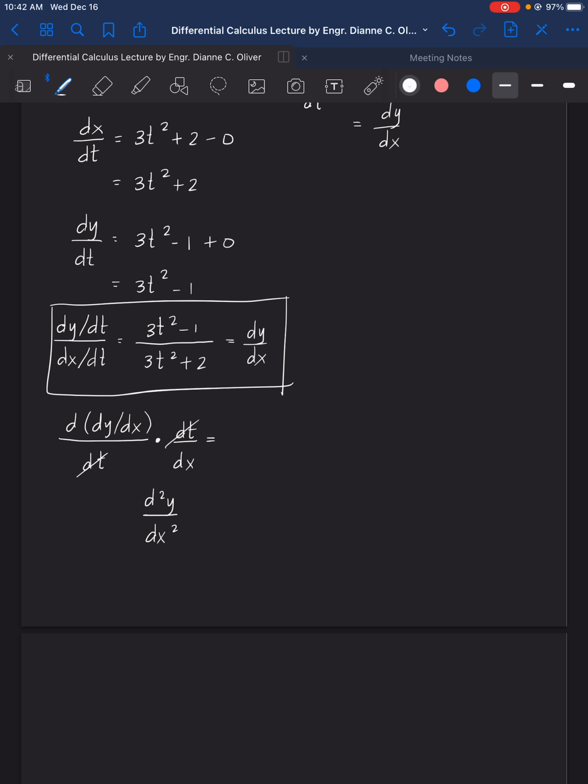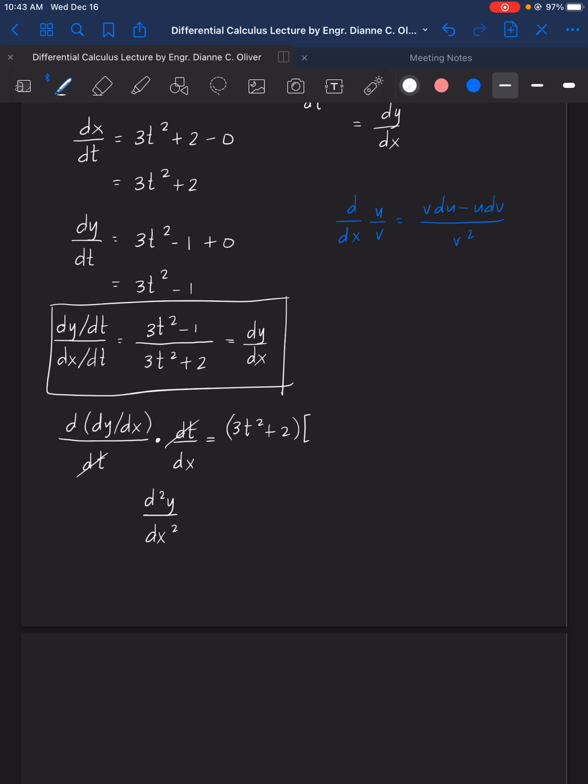Okay, so how will we do this? We will be deriving this in terms of t. So using the derivative of the quotient, d of u over v is equal to v du minus u dv over v squared. So we will also do that here. So we have there the lower part 3t squared plus 2.